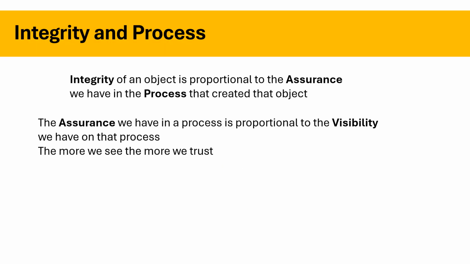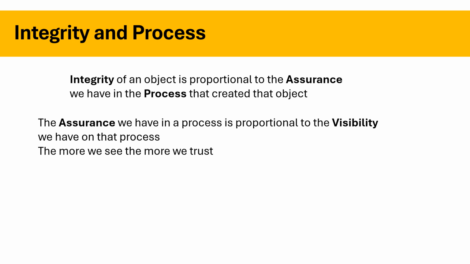Assurance grows when we can see the process clearly, understand what we see, and are able to validate it from diverse viewpoints. So, integrity of an object is proportional to the assurance we have in the process that created that object. The assurance that we have in a process is proportional to the visibility we have of that process.